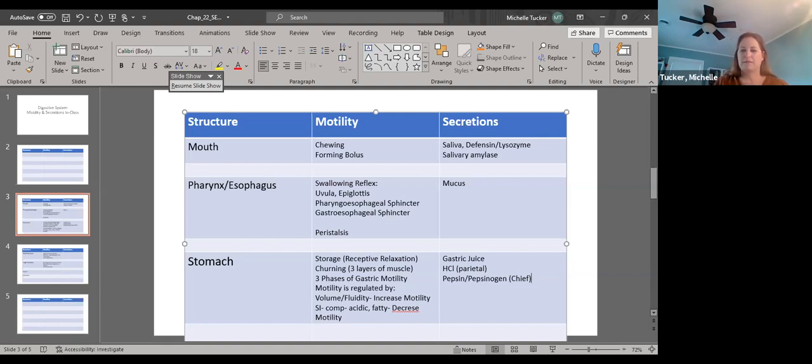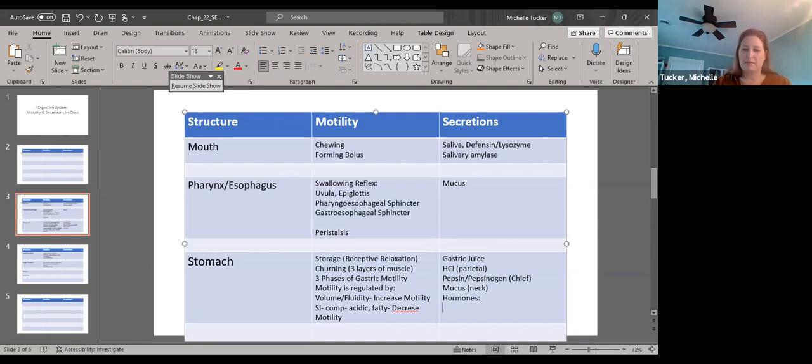So sometimes I'll write the active form like pepsin, but just know that I mean pepsinogen, because probably you're not going to want to write it both ways. Then we have mucus from the neck cells and a whole bunch of hormones.